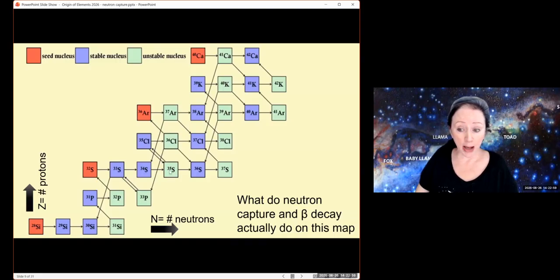But if we have more neutrons coming faster than it can decay, it will then move to sulfur 36, which is stable. And then you can add another one, and now it's unstable, and that will decay, and that will give you chlorine 37. So you'll get different isotopes as well as different elements, depending on whether you're injecting neutrons very rapidly or very slowly.